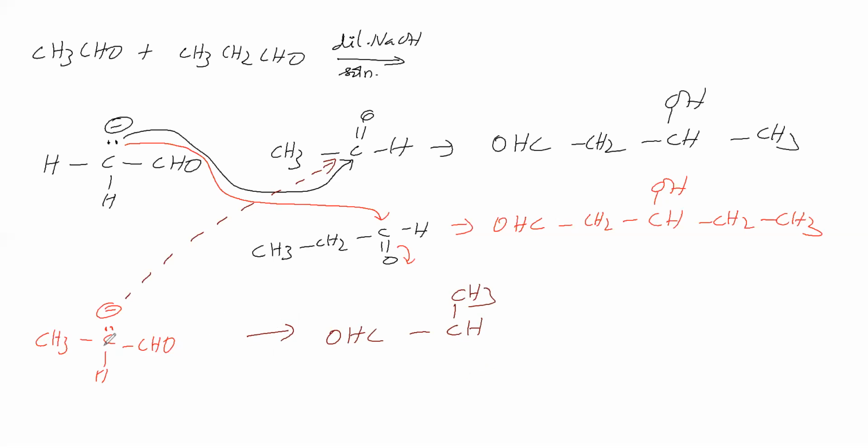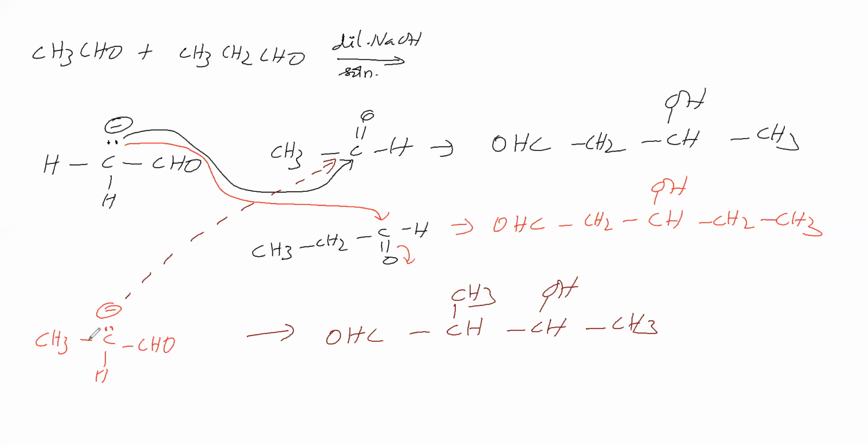Then this carbanion carbon is making a bond with the carbonyl carbon. That's CH, this O becomes OH, then this is CH3. This is a possible product. So this is also an aldol. On warming, this gives an alpha beta unsaturated carbonyl compound. That means this single bond becomes a double bond.